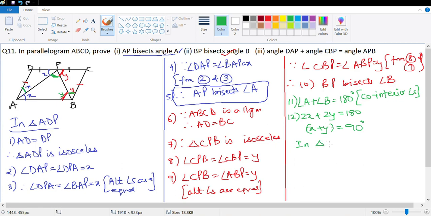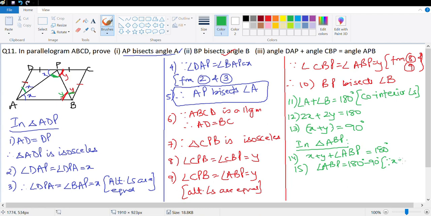In triangle ABP, we get x plus y plus angle ABP. This is point number 13. This is point number 14 is equal to 180 degree, which means angle ABP is equal to 180 degree minus 90 degree.